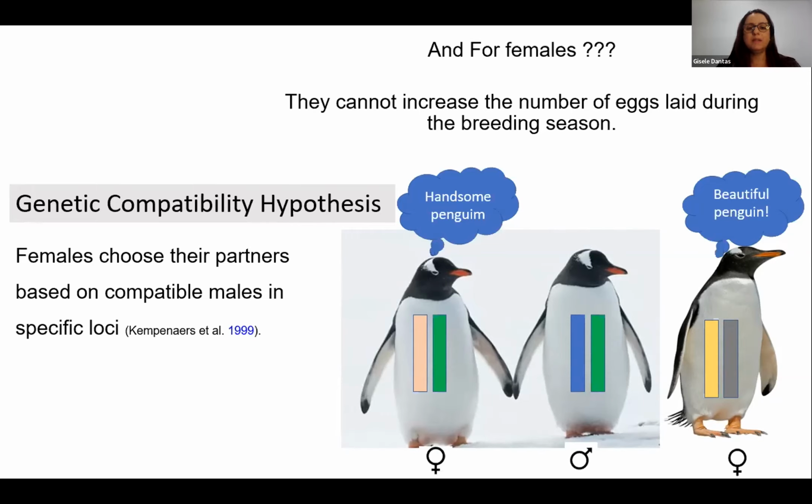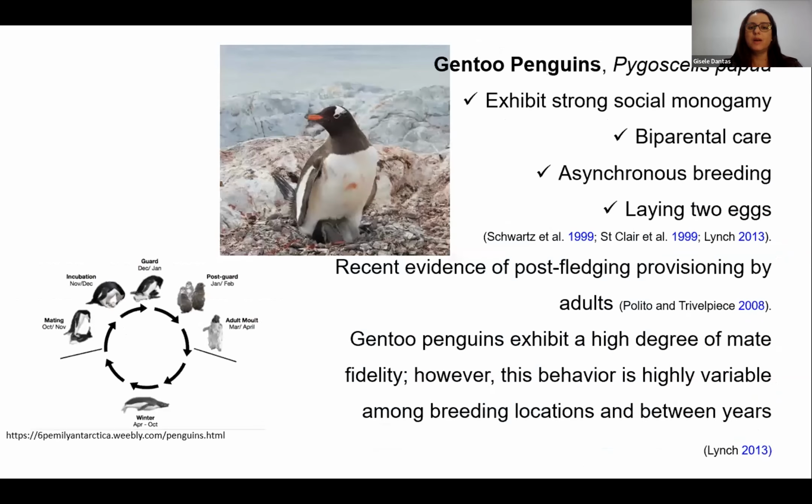So based on this, we tried to investigate two penguin species, the gentoo and the chinstrap. The gentoo exhibits strong social monogamy, has biparental care of the eggs and the chicks, asynchronous breeding, laying in general 2 eggs.